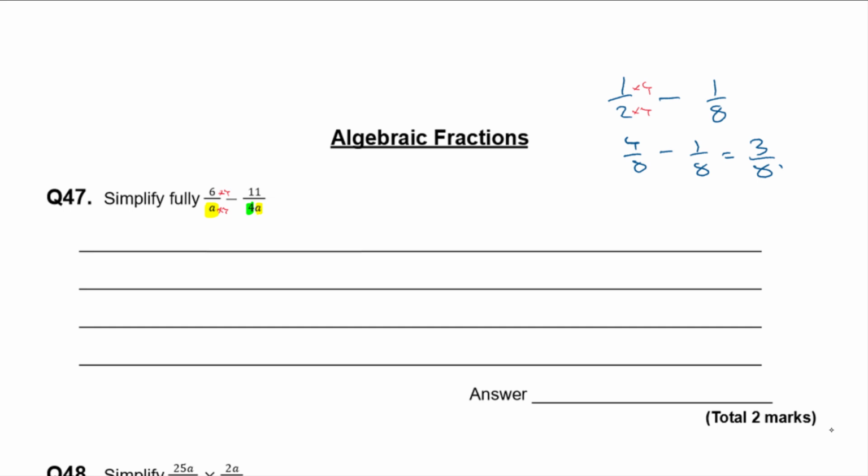So that's going to be 6 times 4, which is 24 over 4a, minus 11 over 4a, and 24 minus 11 is 13 over 4a. Okay, and that's my answer, 13 over 4a. So my top tip on algebraic fractions is, if you're not sure what you're doing, think about what you would do if it was numbers, and just do the same thing, then you'll get it right.